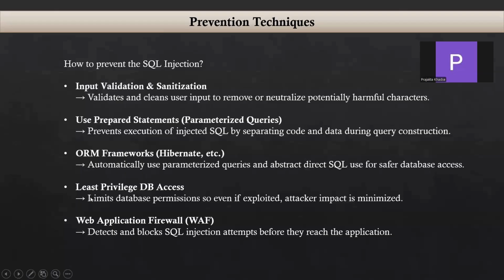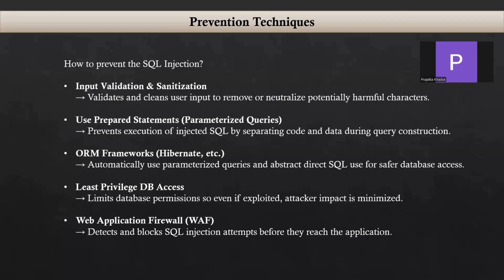See here what it says: limit database permissions, so even if exploited, the attacker's impact is minimized. It says to give your application account only the permissions it really needs, like read only access instead of giving full admin access.